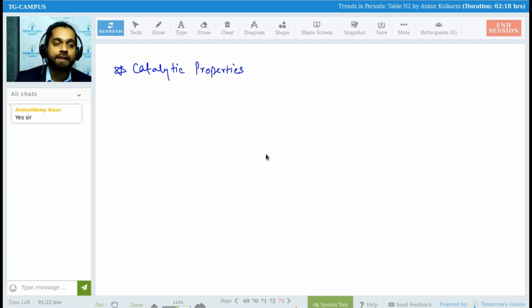It does not react with a reactant to form a compound. What if I say yes, it does react? It does undergo reaction.